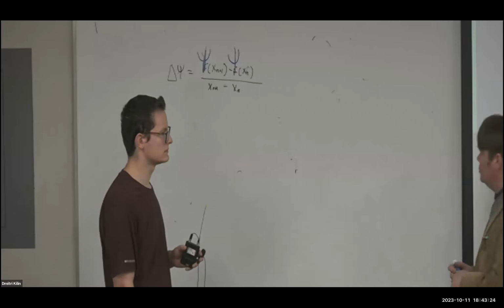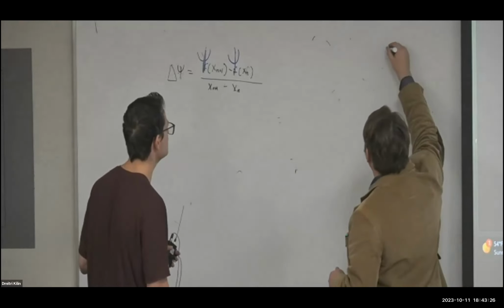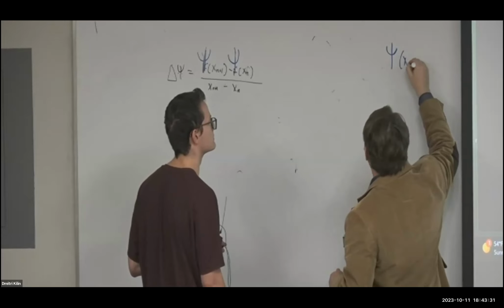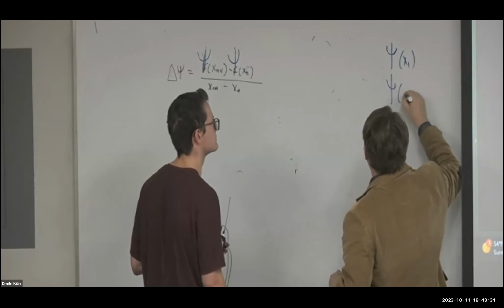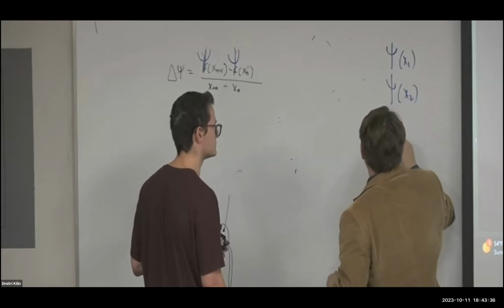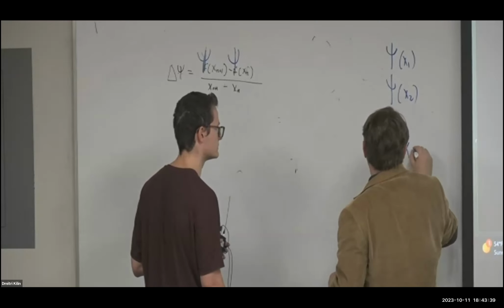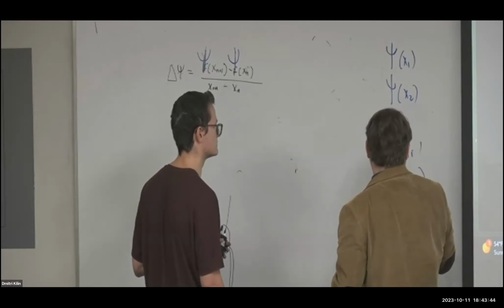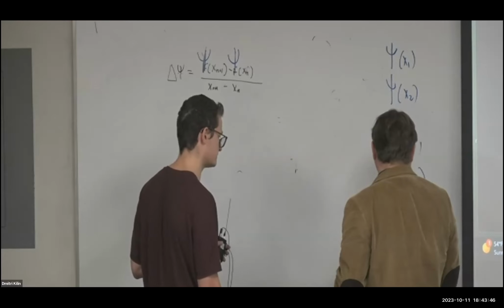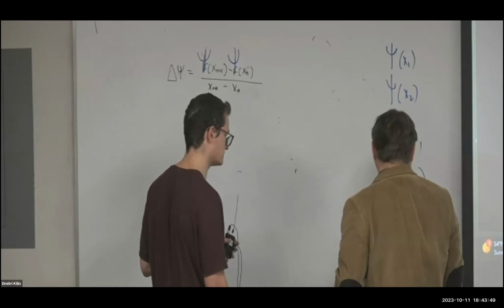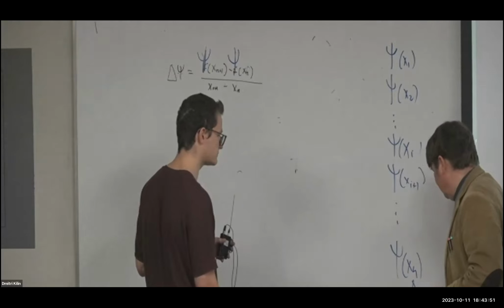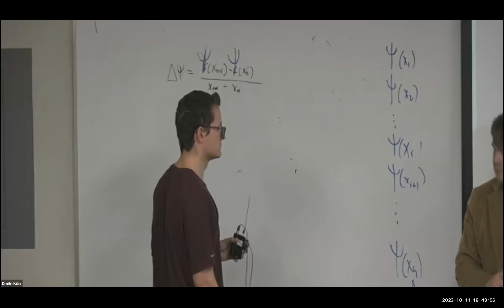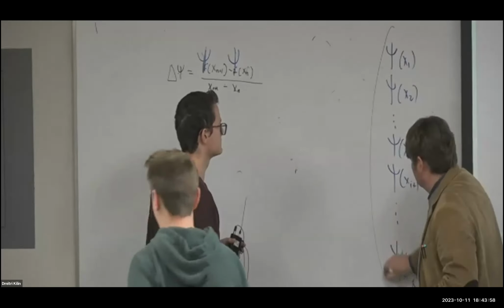So we suppose we do have values of the wave function at point x1, wave function at x2, and then wave function at point xn, where xn is npts. So the wave function is a vector.